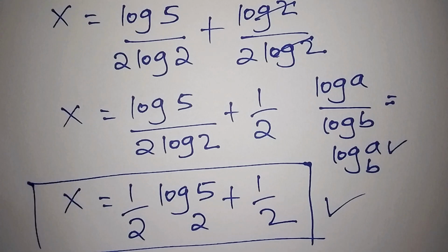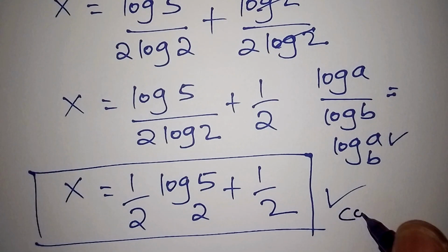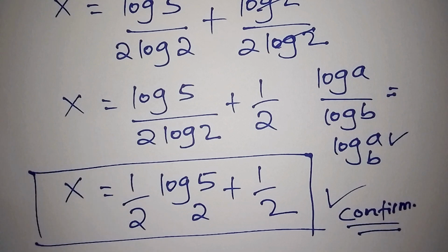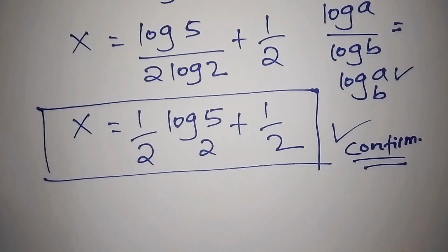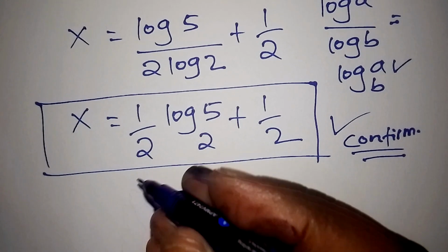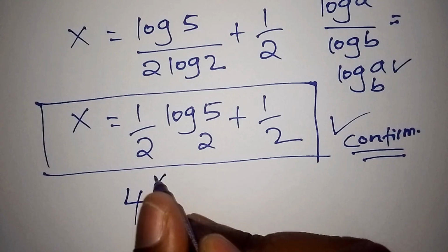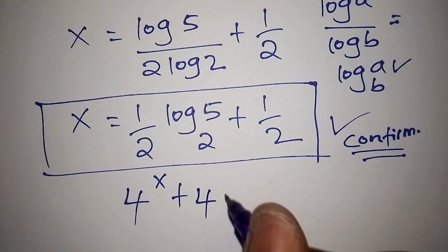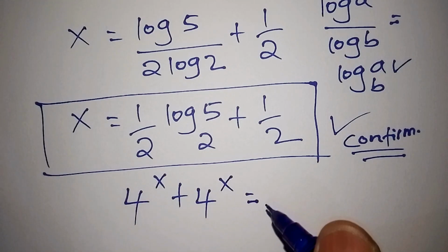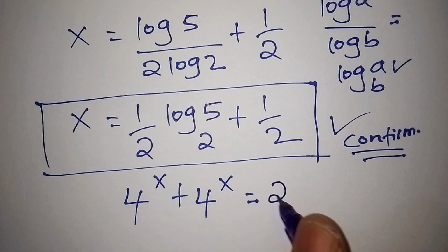So we can still confirm very fast if it's the true correct answer. We had 4 to the power of x plus 4 to the power of x is equal to 20.